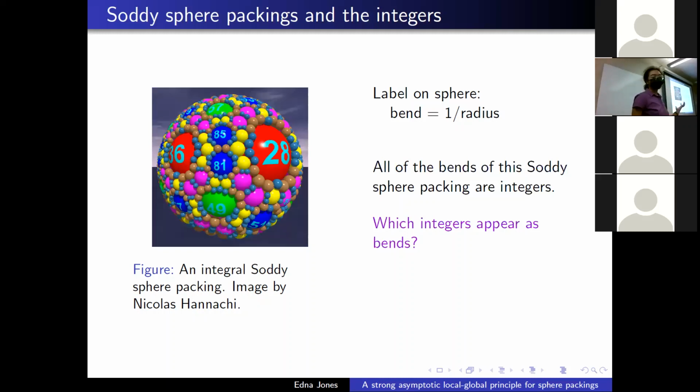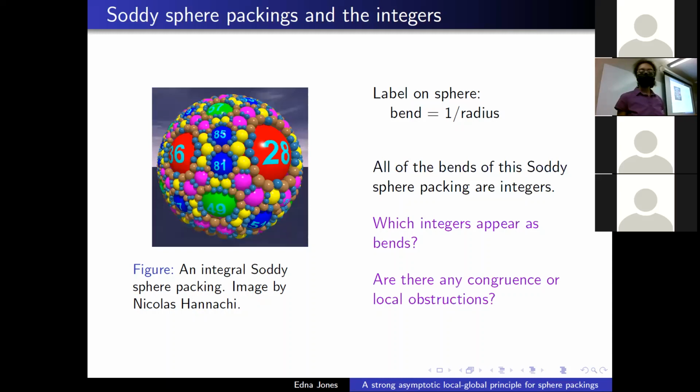To answer this question, number theorists would start by answering the question, are there any congruence or local obstructions to the numbers that can appear?